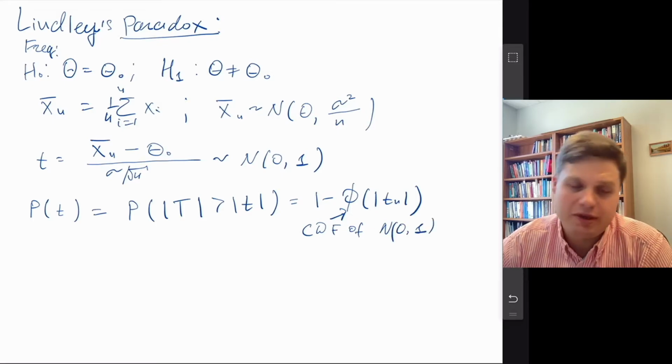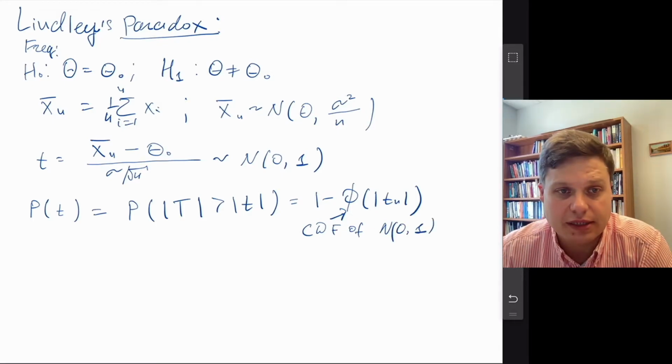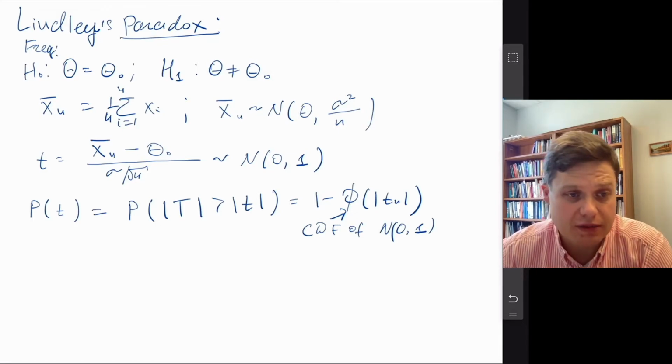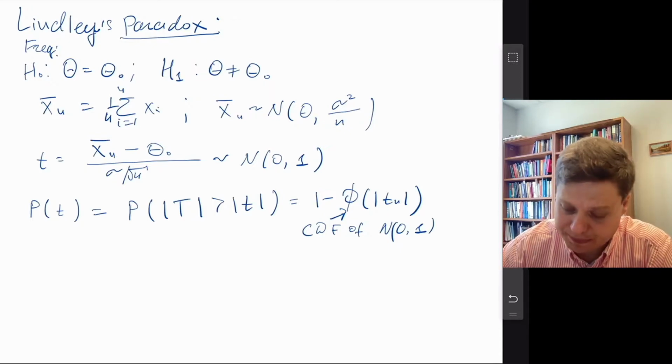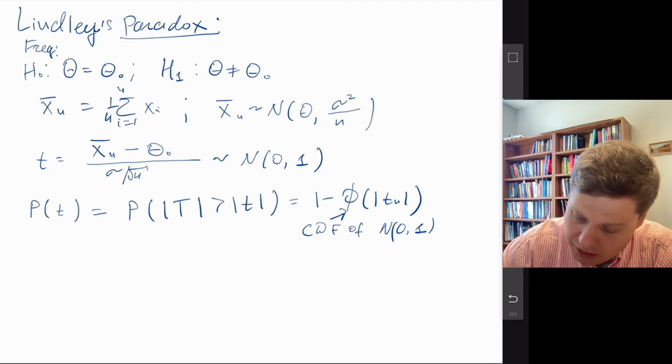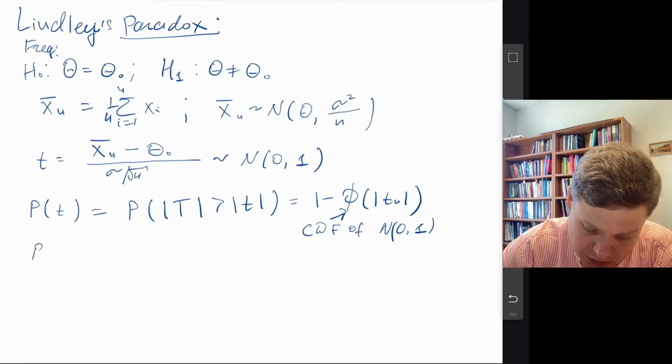So we basically calculate the area under the curve to the right of this number, and relying on the p-value, we determine whether we reject the null hypothesis or we do not reject the null hypothesis. So that's the frequentist approach to hypothesis testing.